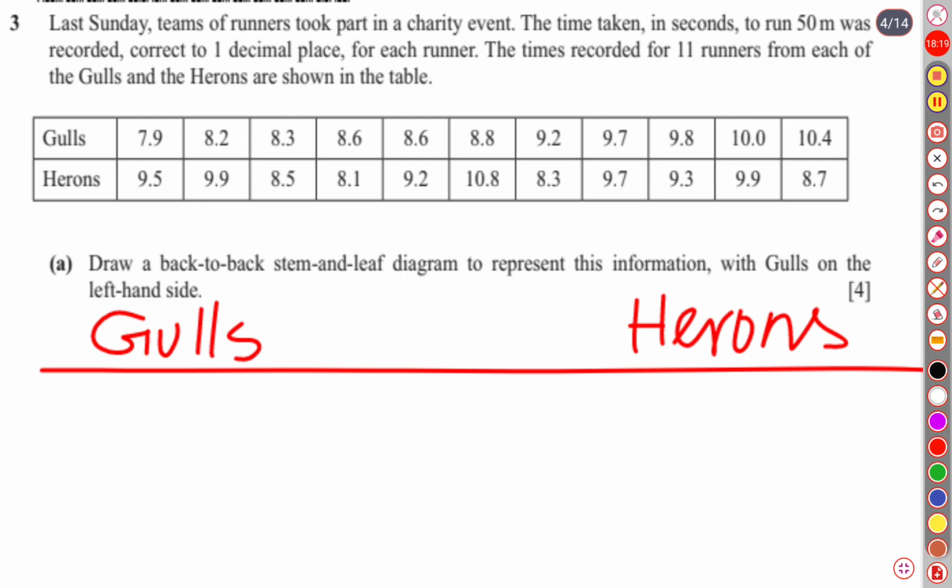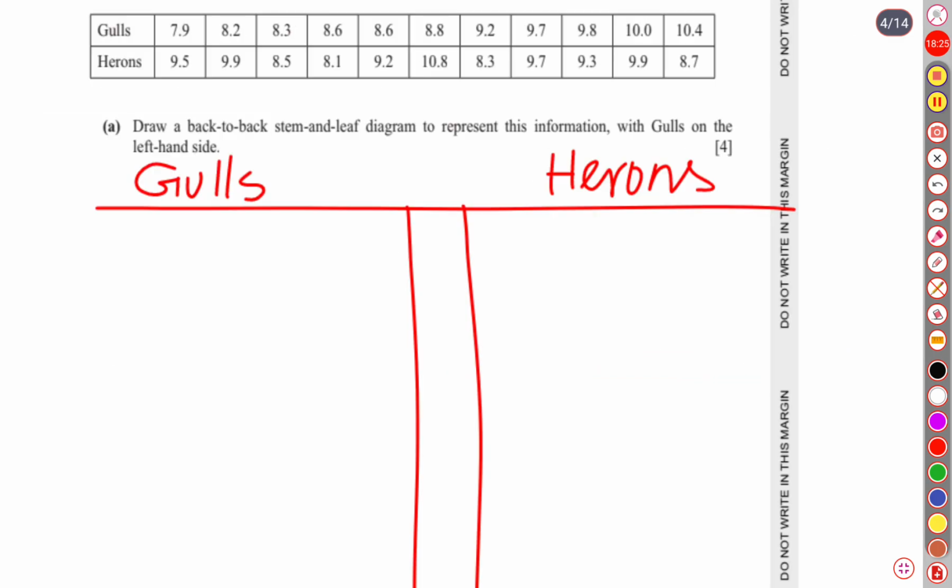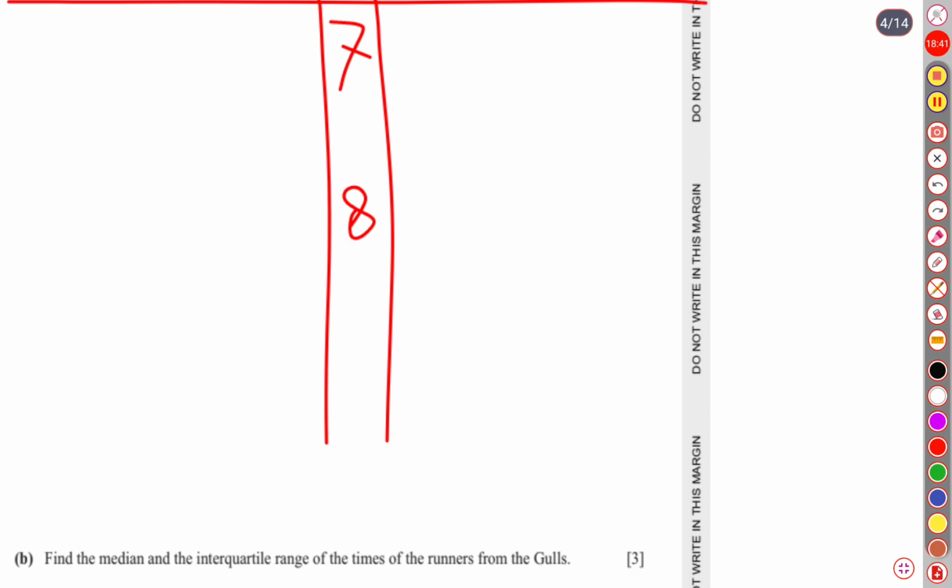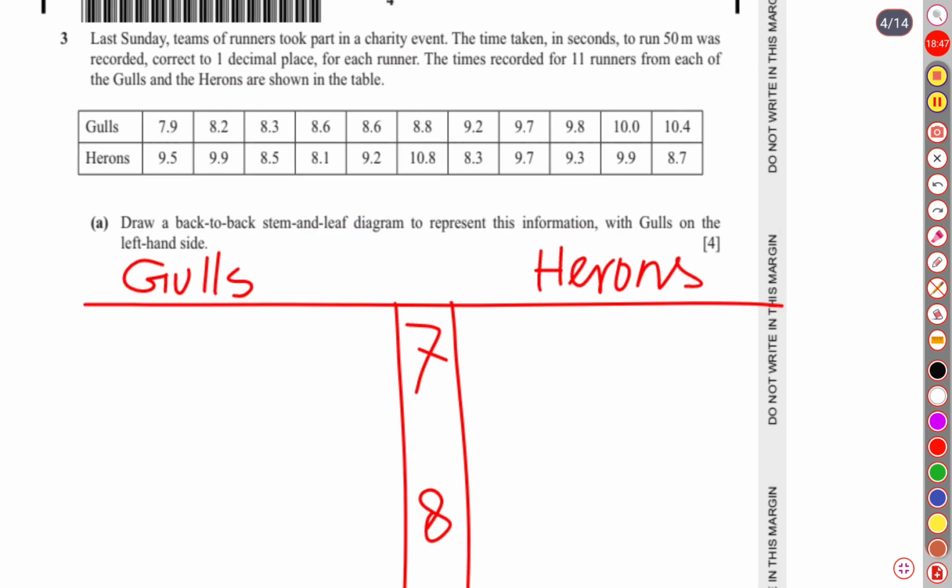Then we are going to write a back-to-back stem and leaf diagram. Among all of the values, the minimum value is 7 and something. So let us start with 7, 8. After that there will be 9, and let's see whether there is any time given more than 10.